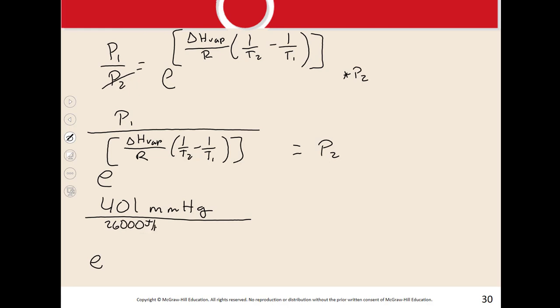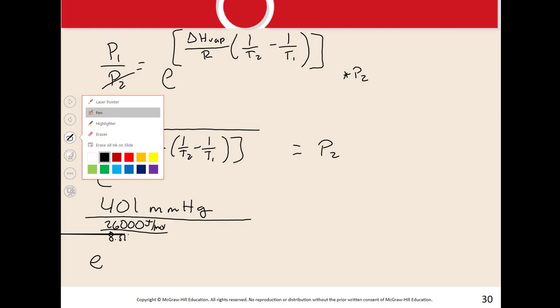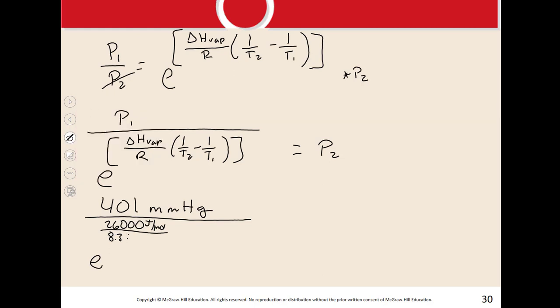1,000 joules per mole, divided by R. R is the gas law constant, 8.314 joules per mole Kelvin, times 1 over T2.